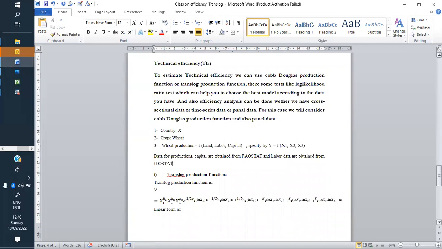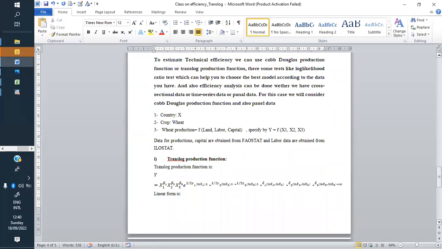When we want to estimate technical efficiency, we need to use either the Cobb-Douglas function or the translog function. But we cannot just choose one, like someone saying I want to choose Cobb-Douglas or I want translog. We need to do some kind of test which can allow us to see which one is the best.